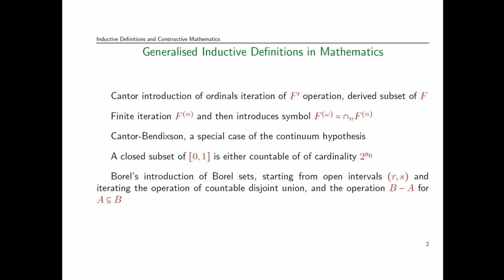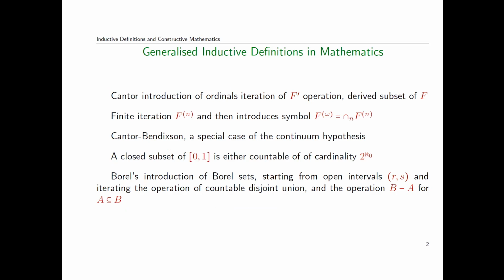So first of all, generalized inductive definitions in mathematics. I think one first example is ordinals, and Cantor introduced ordinals for iterating the process of taking accumulation points in a set.